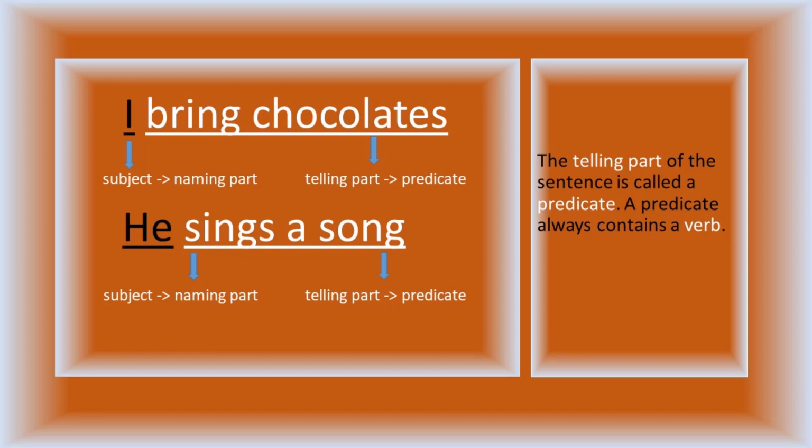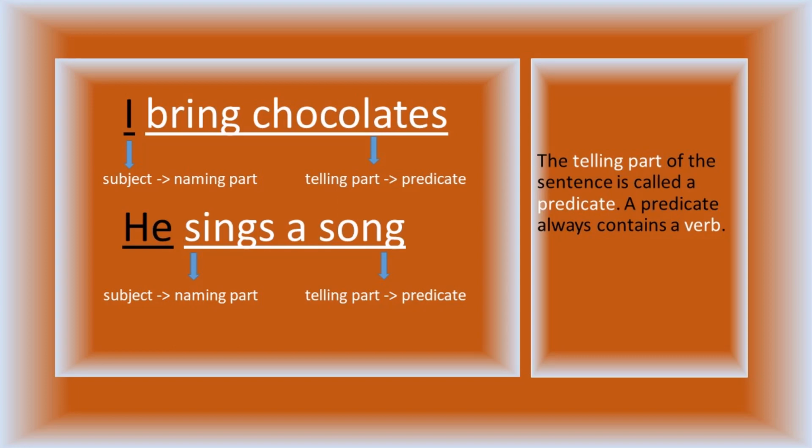And what about the second part? The second part tells us more about the subject. I bring chocolates. So it is the telling part, or a predicate. What do we call it? It's a predicate.